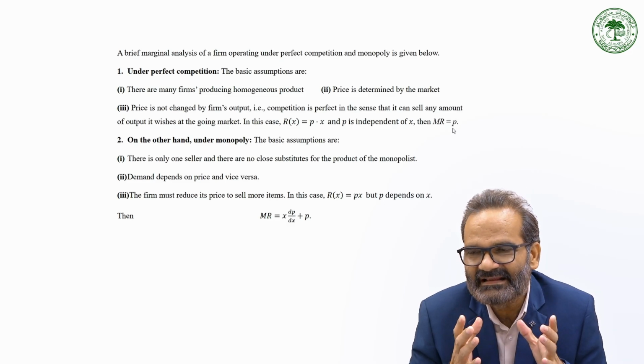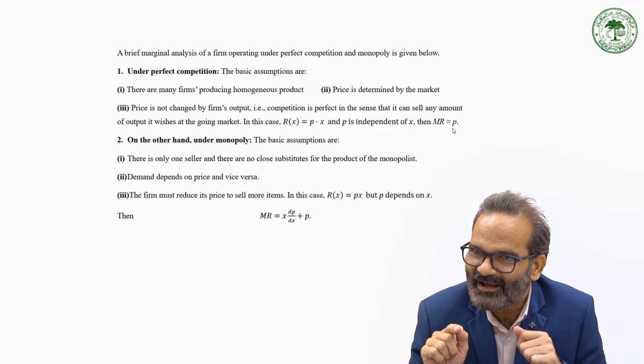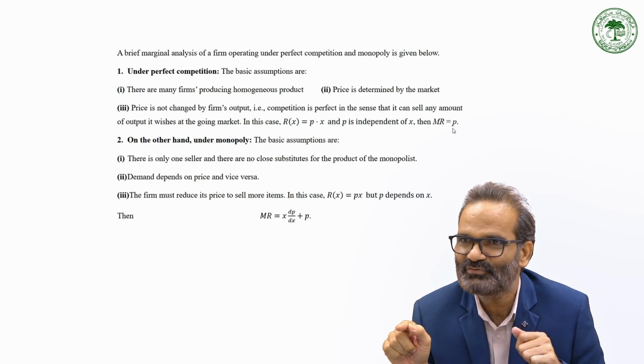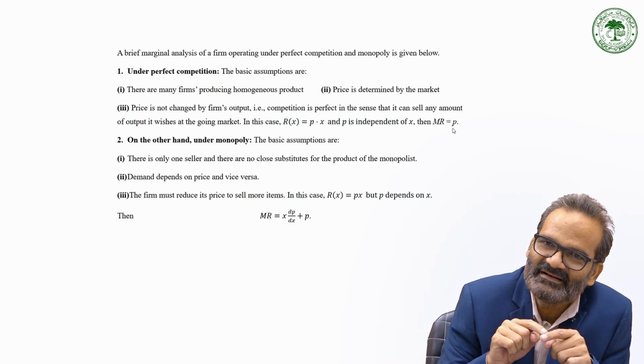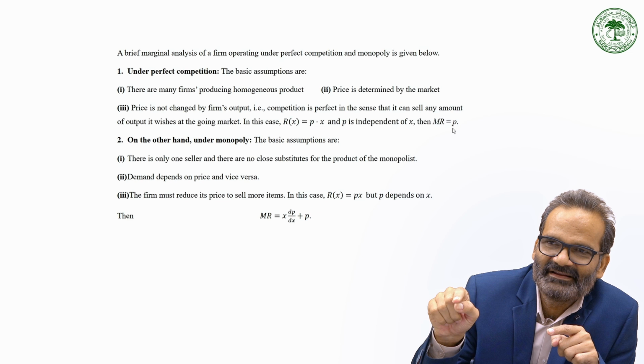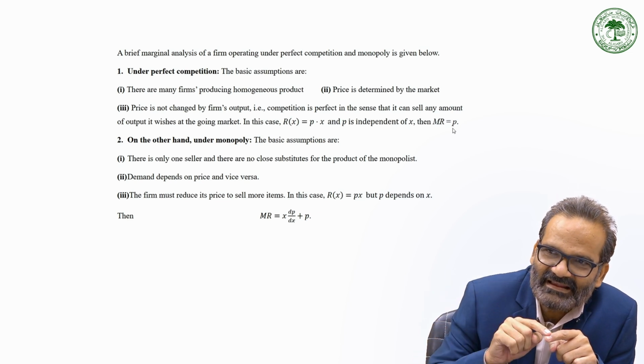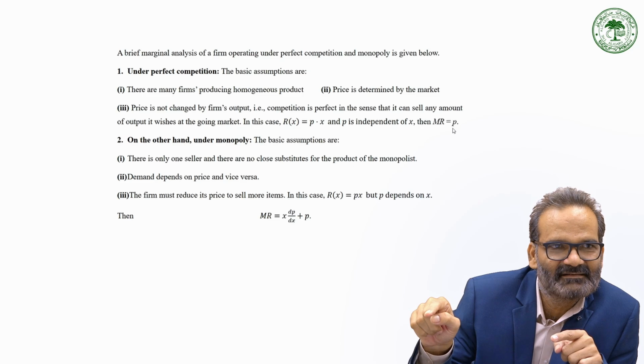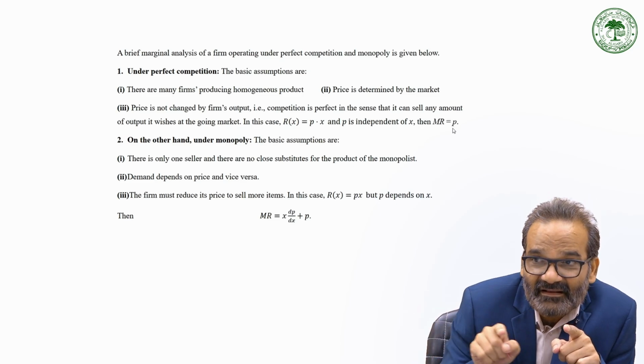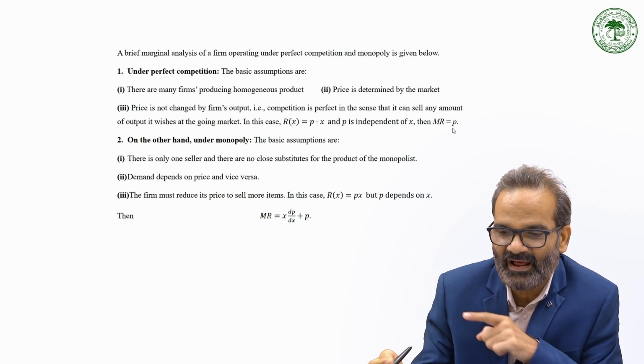So in this case, what happens? Prices are decided by the producer. So prices depend upon the quantity demanded or supplied in the market. So P depends on X. So P should be treated as a variable. So now what will happen?